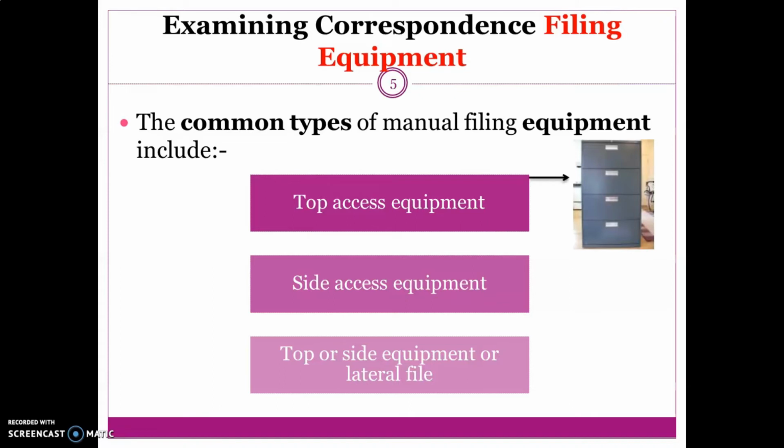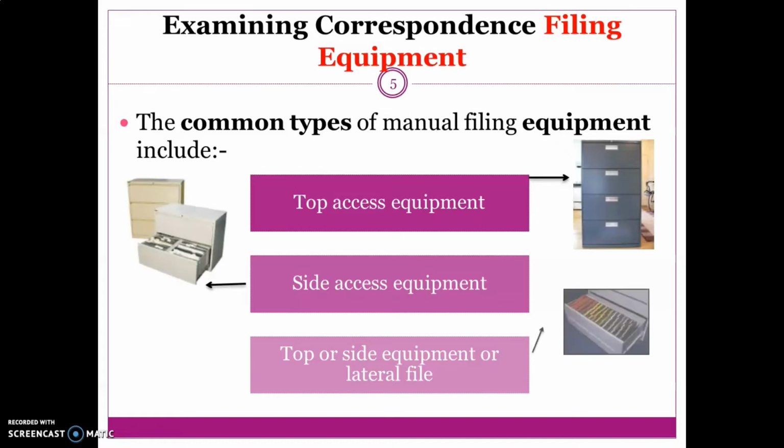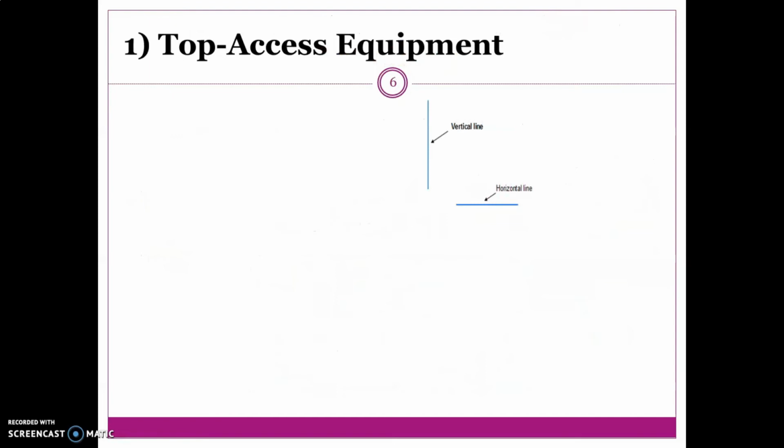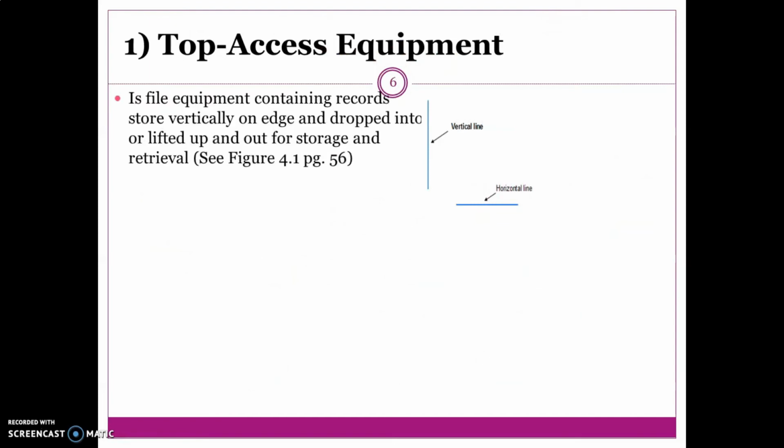Okay, these are examples of pictures of top access equipment, and this is the side access equipment. And lastly is the top or side access equipment. Okay, number one. When we talk about top access equipment, we will think about a drawer. It is the file equipment which will contain the records that you store vertically.